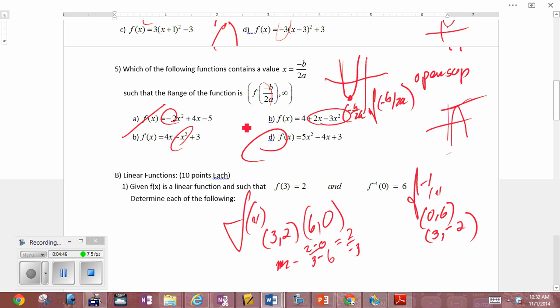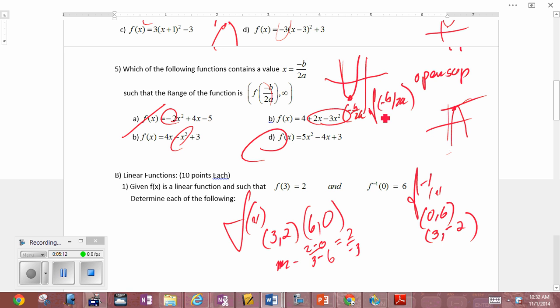That means it has to be the lowest point on the curve opening upward, as opposed to the highest point on the curve opening downward, in which case the range would be from negative infinity up to that.